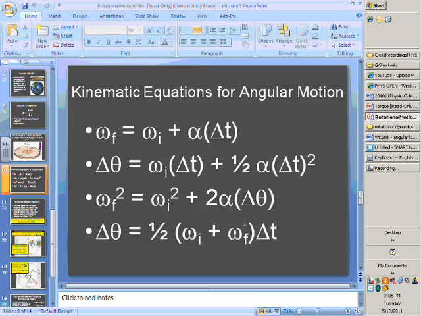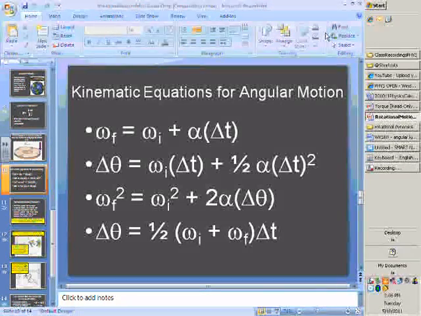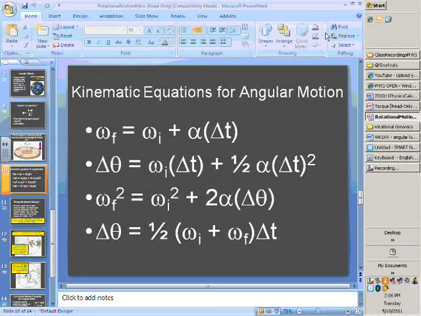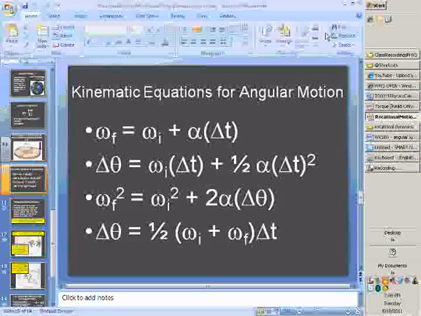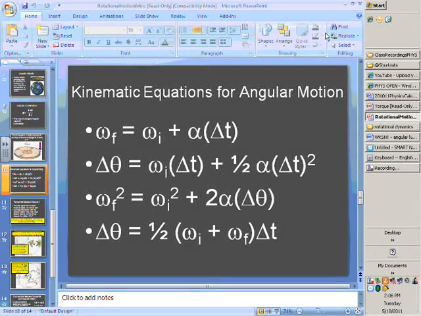We talked about that these were the four kinematic equations, and I posted them up here, but they're a little bit hard to see, okay? But if we know the conversions between the rotational quantities and the linear quantities, you can just look wherever you used to look to find your kinematic equations and know what they are.